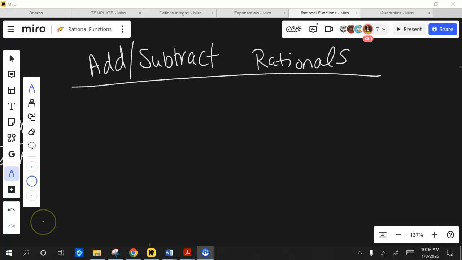You have to have like denominators. You have to have a common denominator.